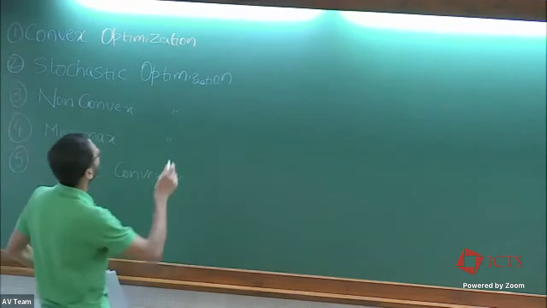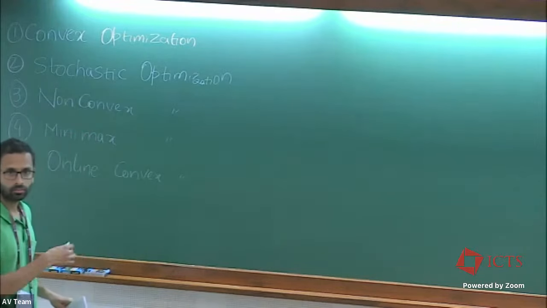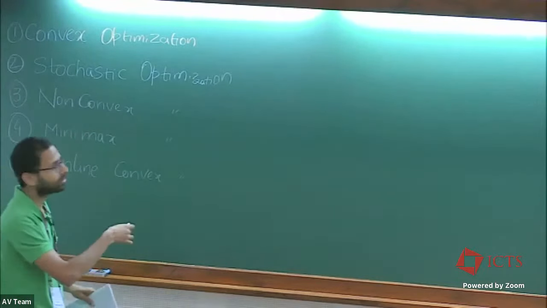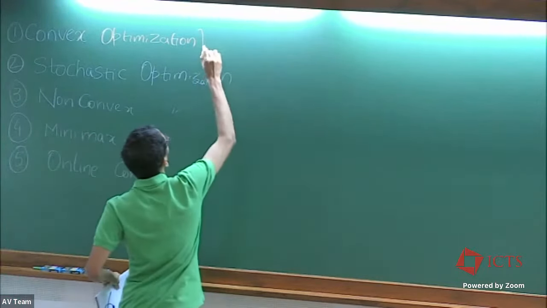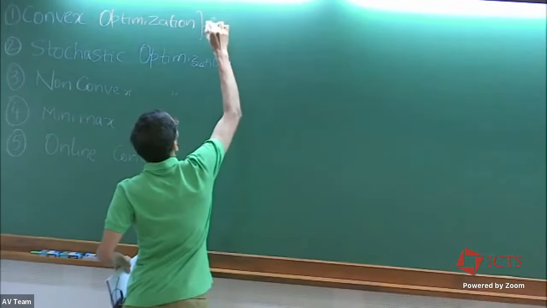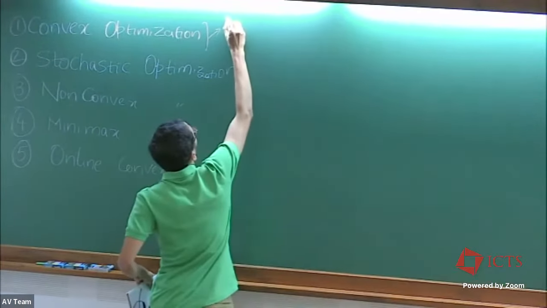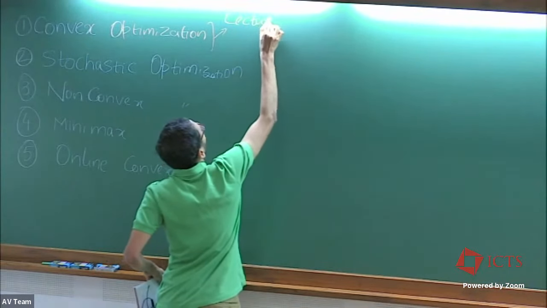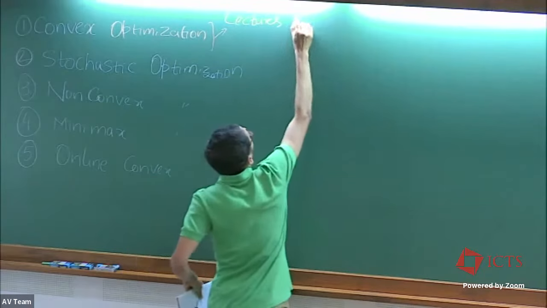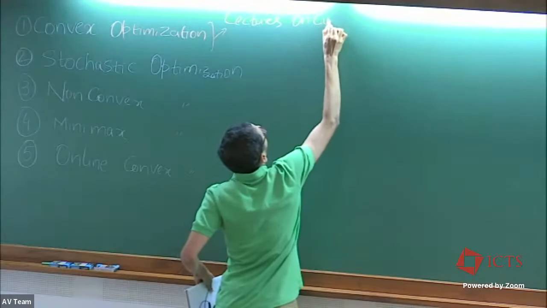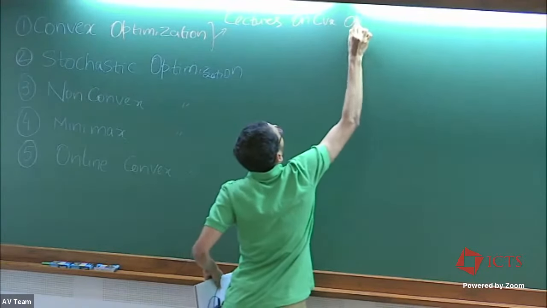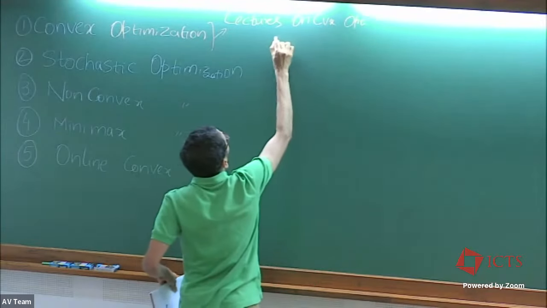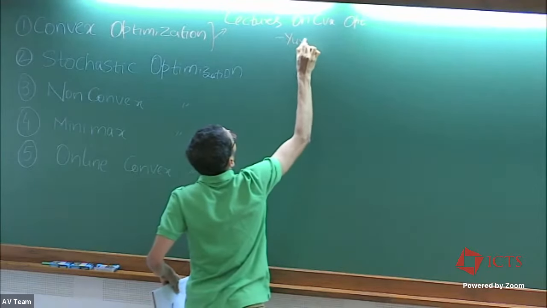I'll also give references in every lecture or every topic that we go through. For the one that we'll cover today, there are 2 references which will be useful. One is Lectures on Convex Optimization by Yuri Nesterov.